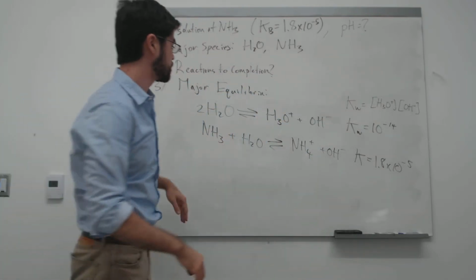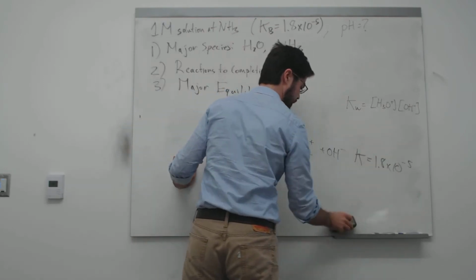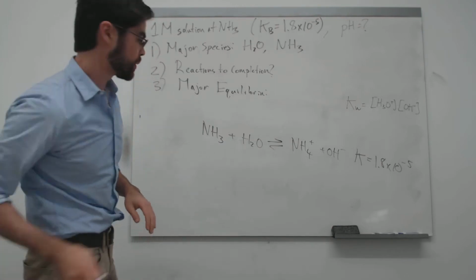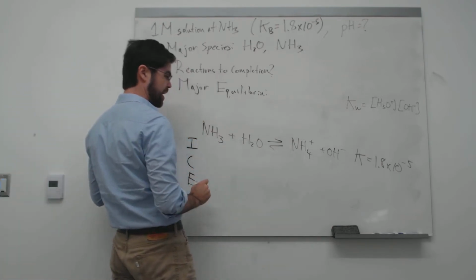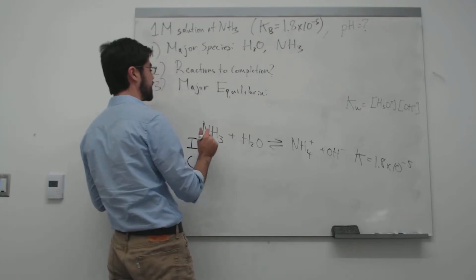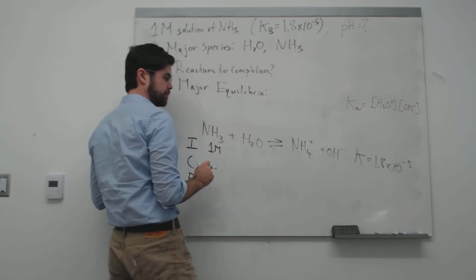So let me solve this equilibrium reaction here for ammonium. I should have my initial, change, and what I have at equilibrium. I assume that I have 1 molar ammonia.